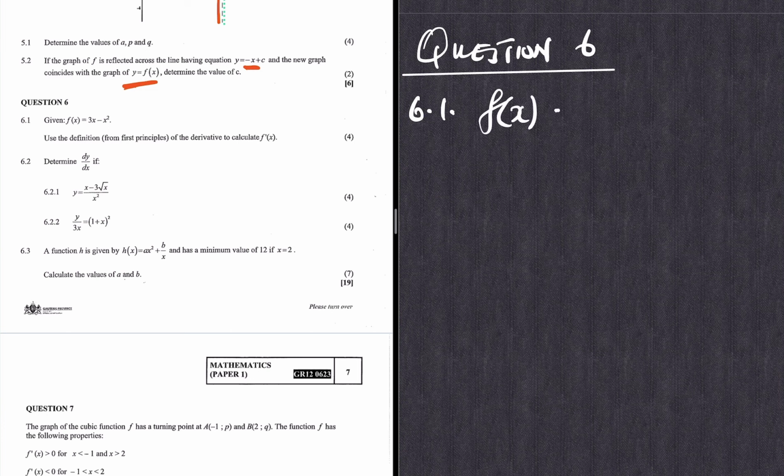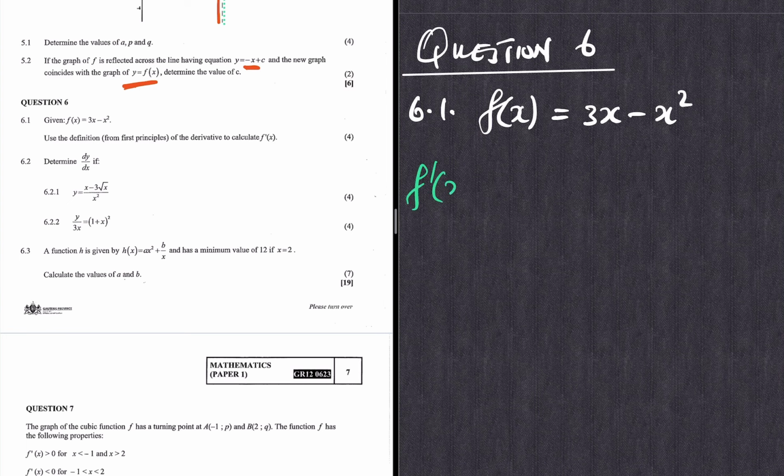That is f of x equals 3x minus x squared. You are given that, and they say use the first principle, which is the definition of derivative, to calculate f prime of x. I'm not going to waste so much time. I know you can do this with your eyes closed.